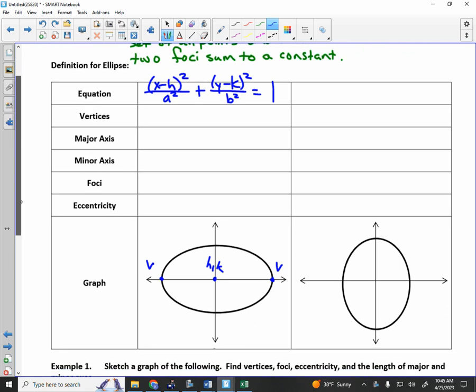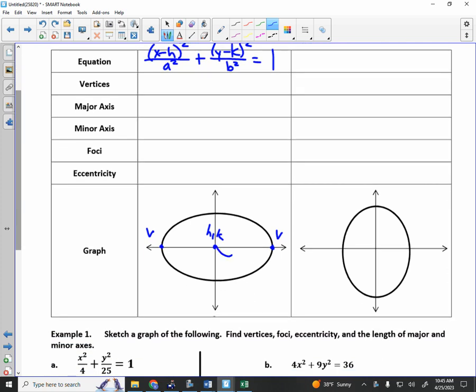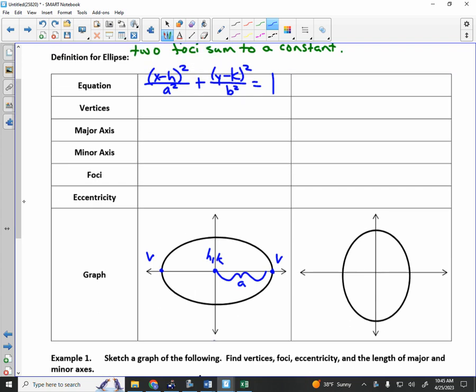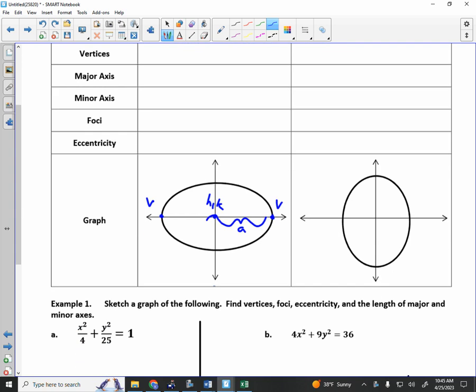So we go the square root of that, or we go a units in that direction. And then we go b units, the square root of b squared, we go b units in the y direction. That's how far we go up and down and side to side to kind of make our ellipse.